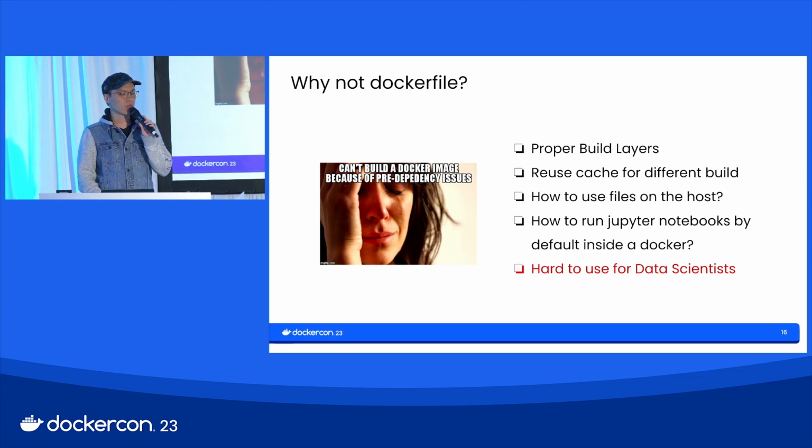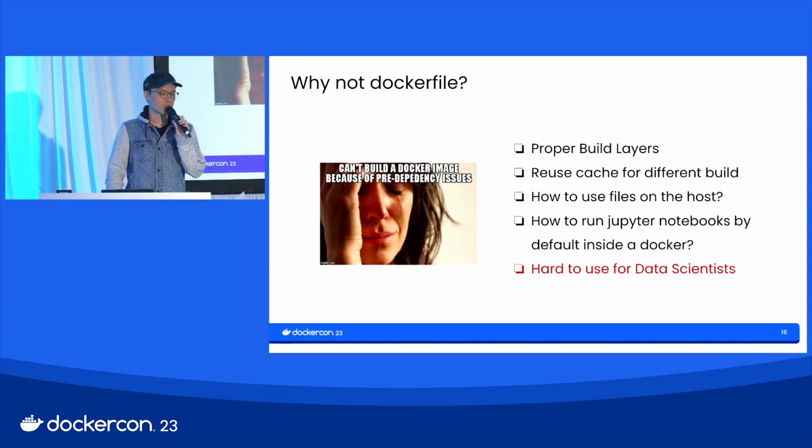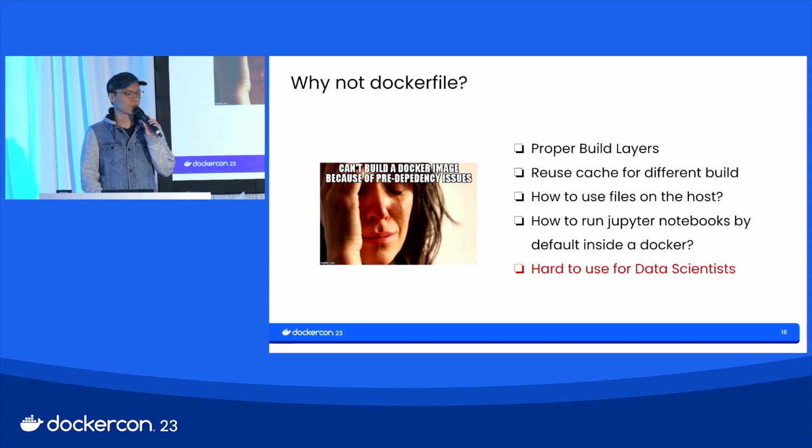But the Dockerfile part is more like infra. They do not have so much experience and time on that. So it's hard for them to write a good Dockerfile. And I would say it's also hard for other engineers to write a really good Dockerfile.